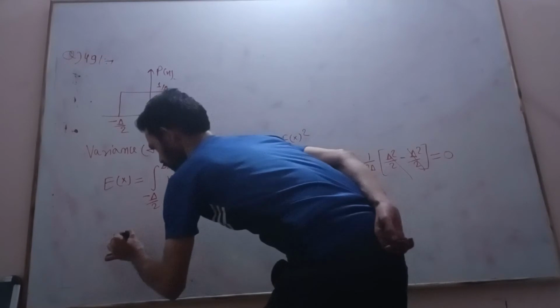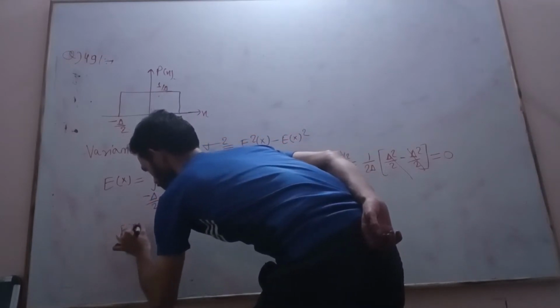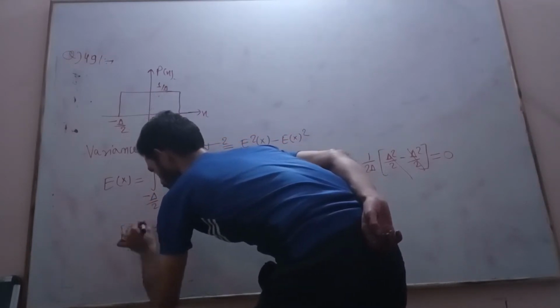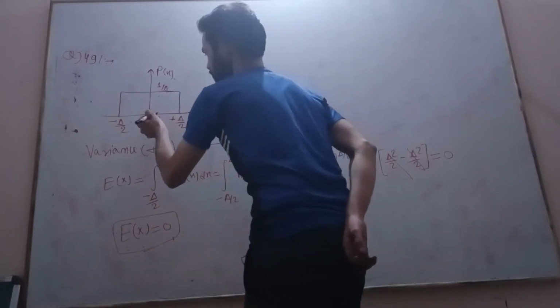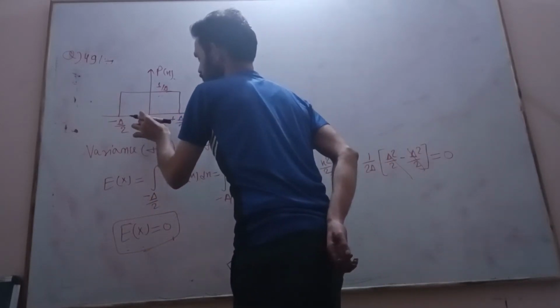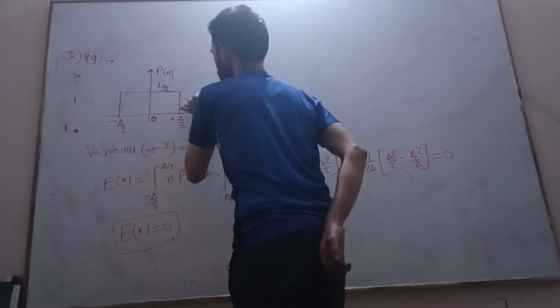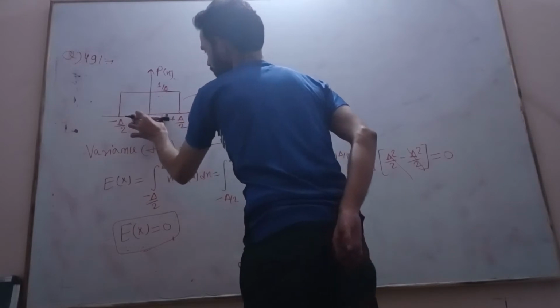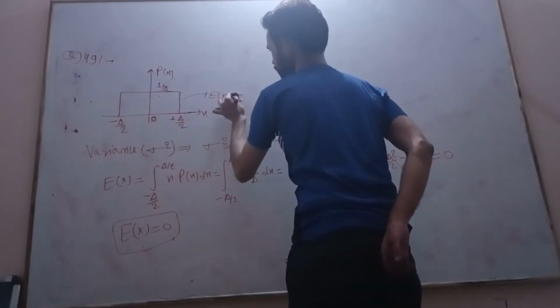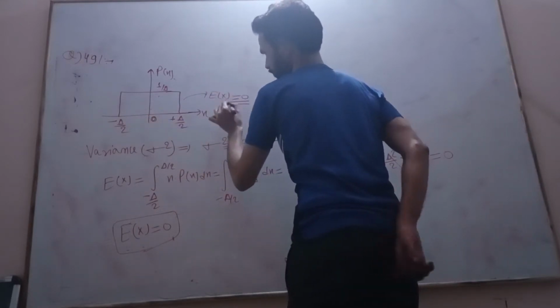Therefore the mean is 0. You can see that here the mean is the central part, the center of the distribution, which is 0.